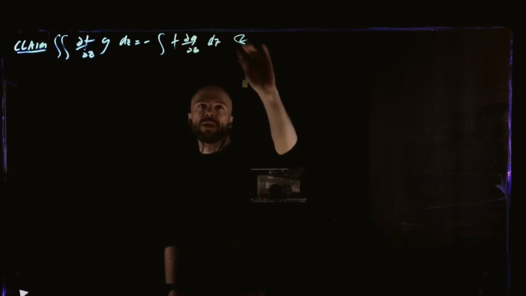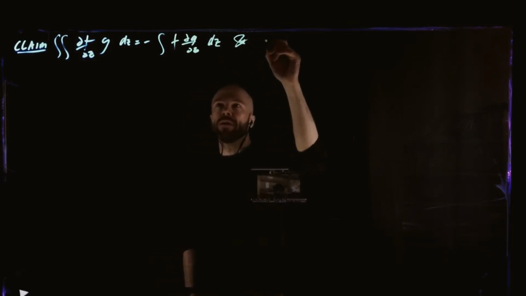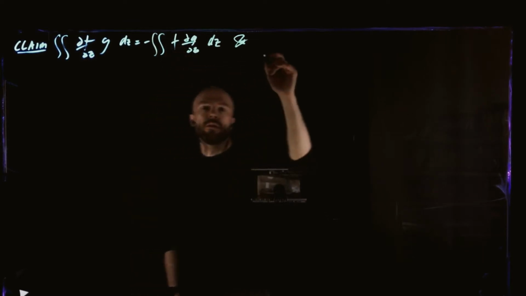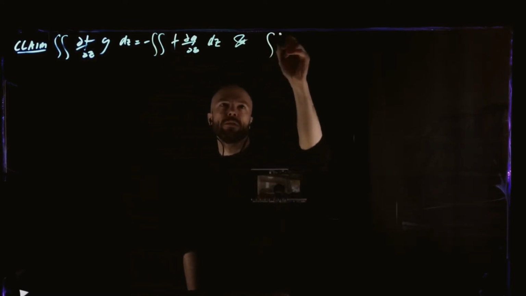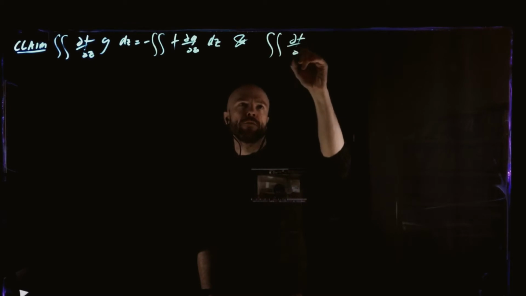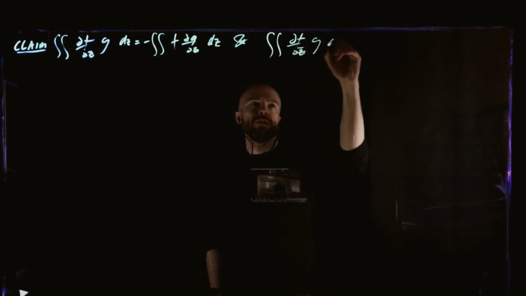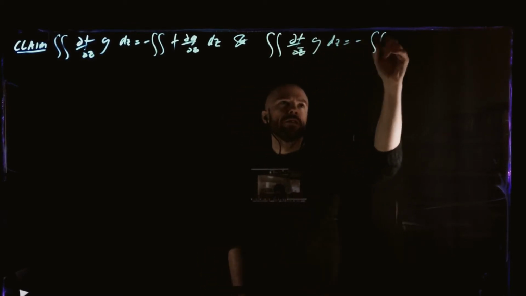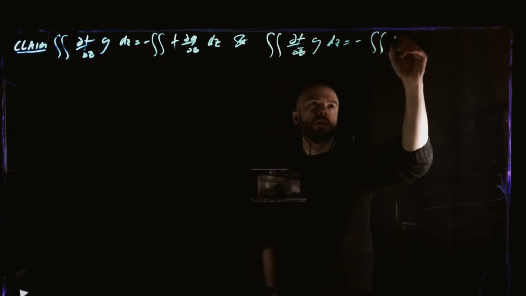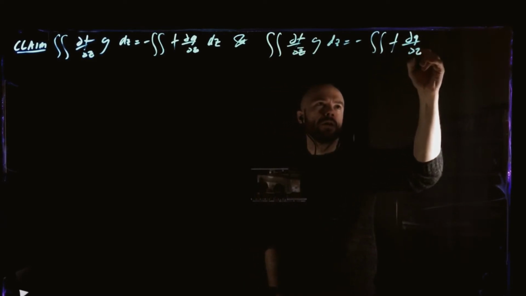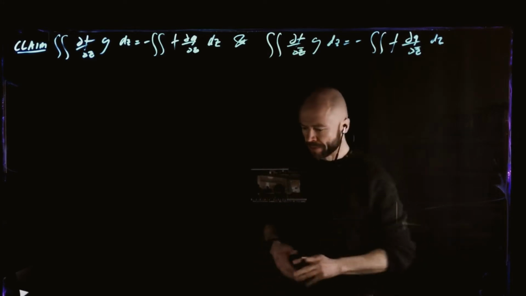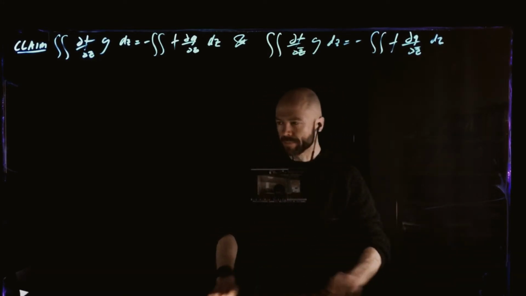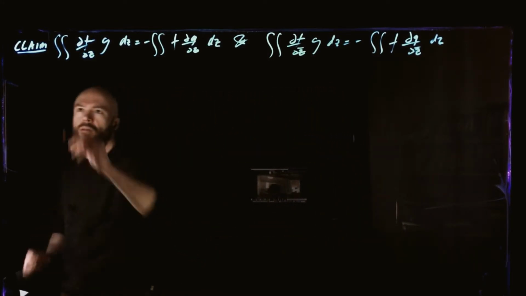And of course, we expect the same thing to be true, and it is true when we do the anti-conformal part of the gradient. So if we do the double integral df by dz bar dg, it is minus the double integral of f dg by dz bar dz, like this. All right, let's do it.